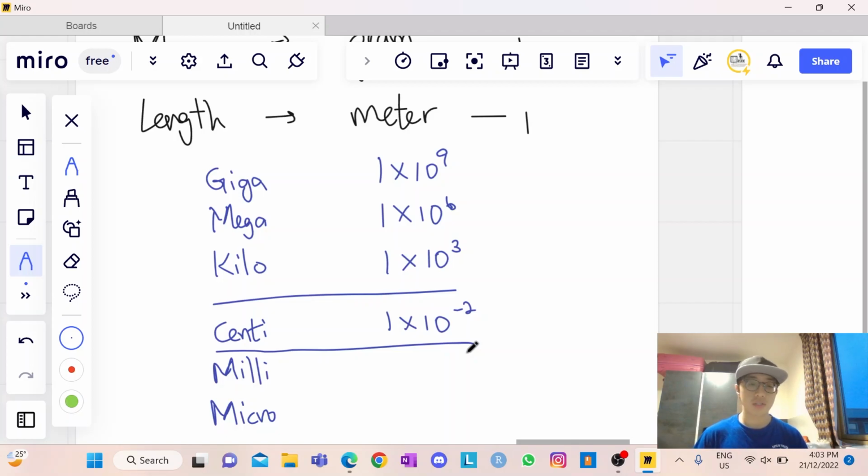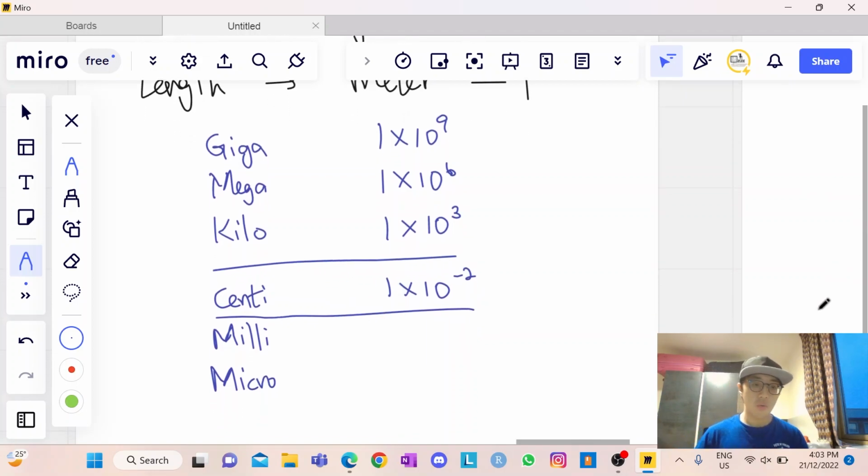It's like 1 meter is equal to 100 centimeters. Next we have milli, which is denoted as 1 times 10 to the power of negative 3, and micro jumps by another negative 3, so 10 to the power of negative 6. A lot of times you will call micro 'mu'.